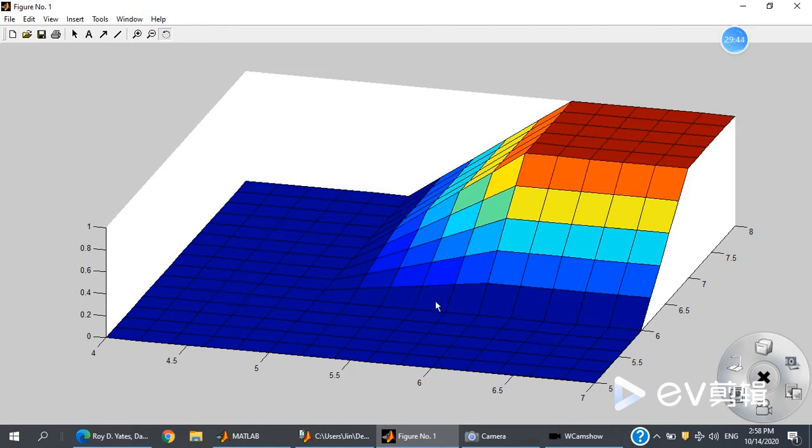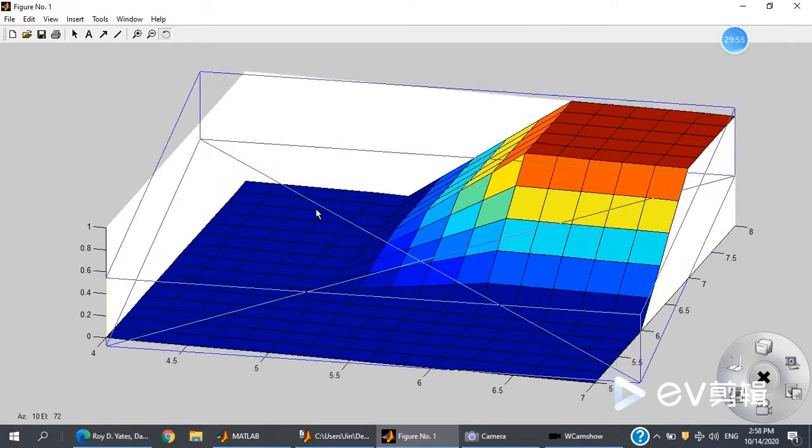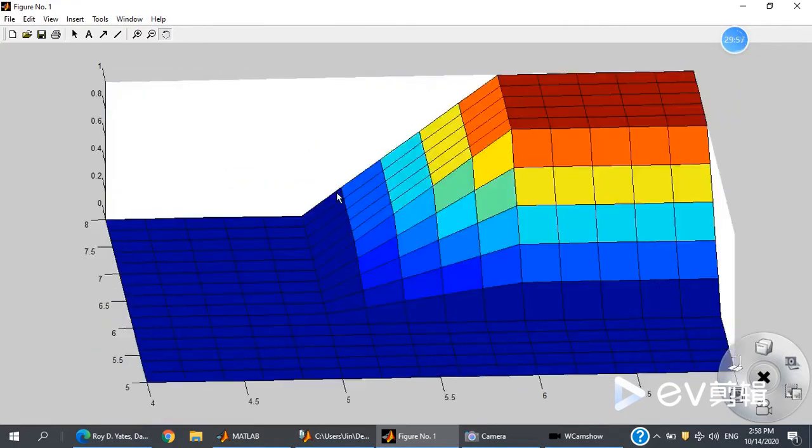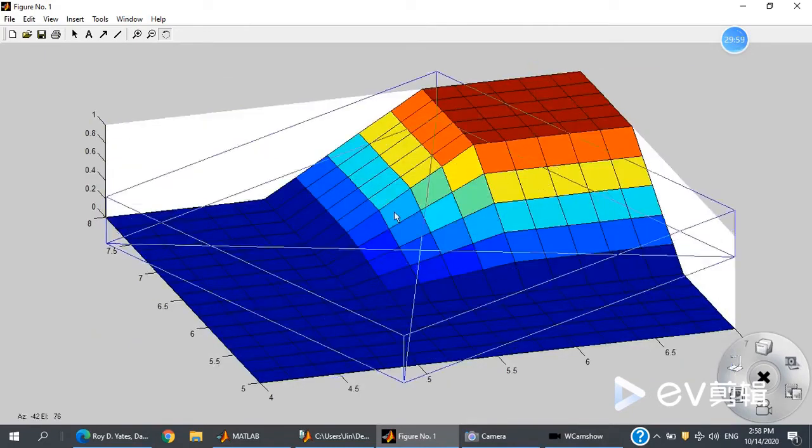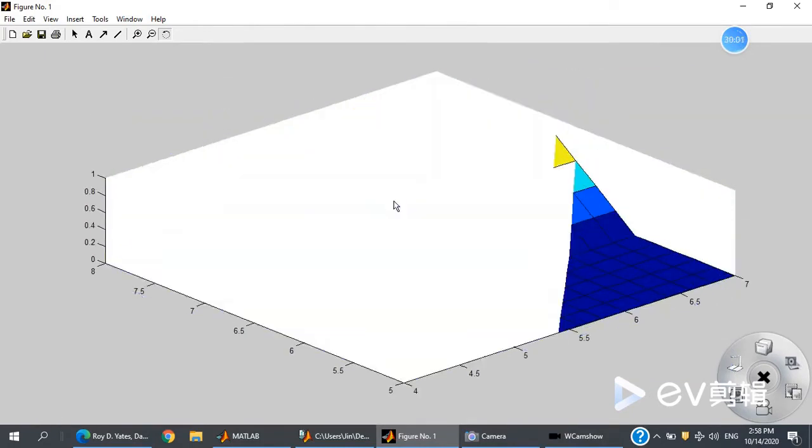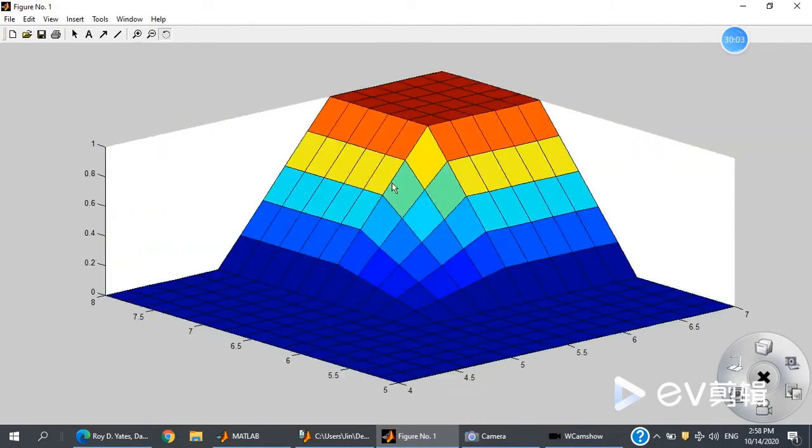The dark blue is 0, and then the color tends to be lighter, which means the value is coming up and up. You can turn it around to see different directions. So this is the CDF.